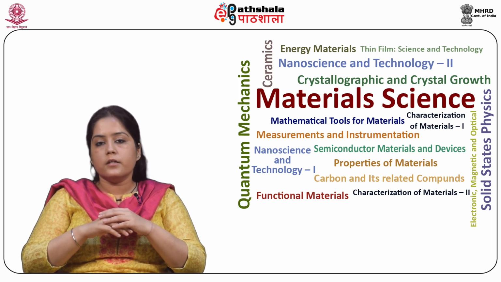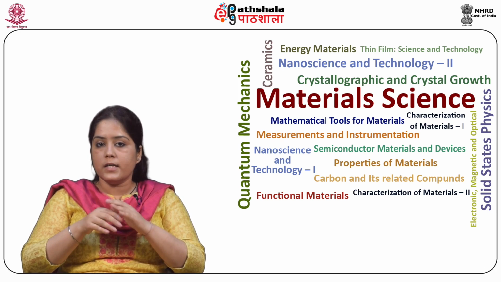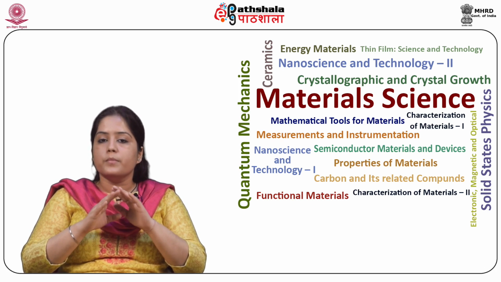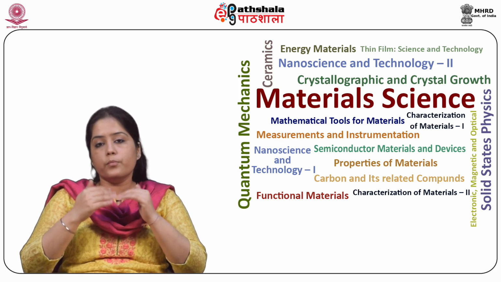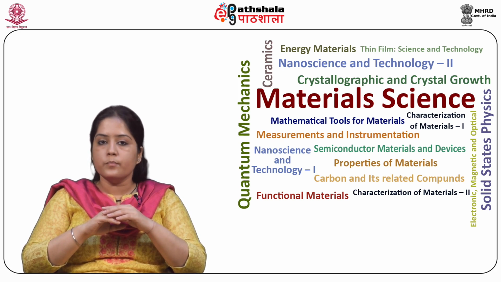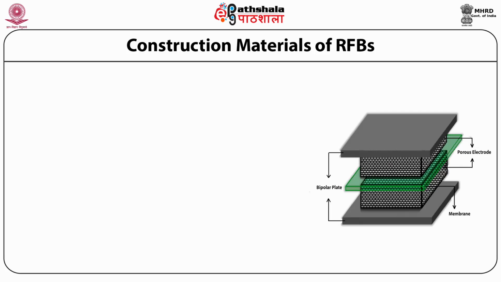Current standard practice is to use a zero gap architecture cell to minimize the contact resistance in the cell, thereby improving the system performance. A closer view of the near electrode construction is shown in the figure.